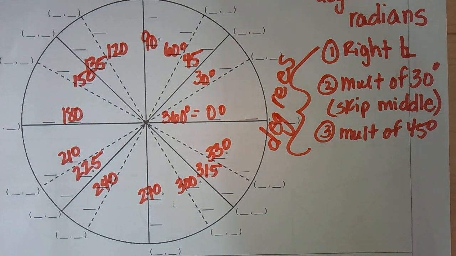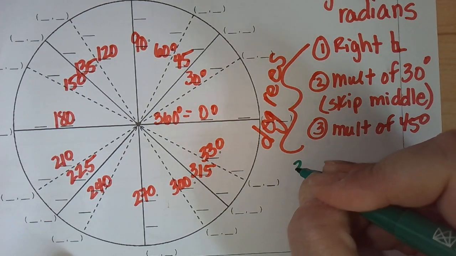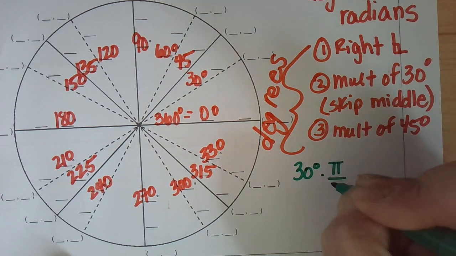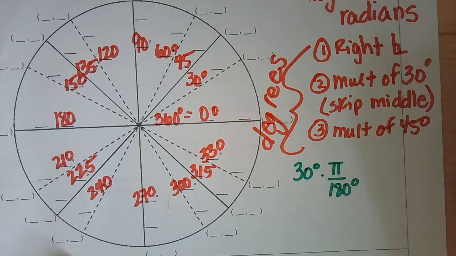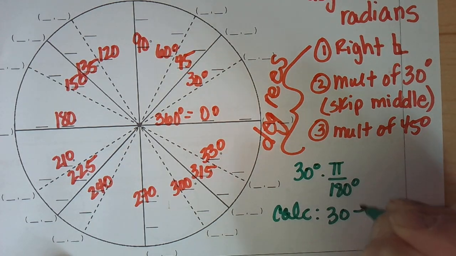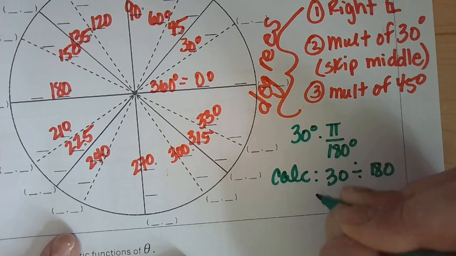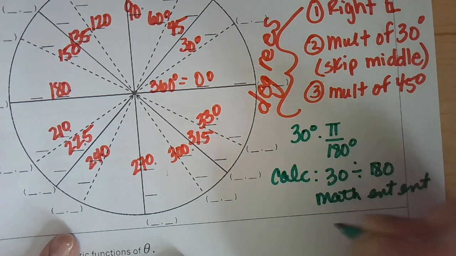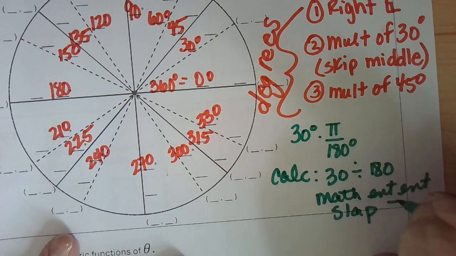For radians, I'm going to remember that I take this 30 degrees and I multiply by pi over 180. Or in the calculator, I say 30 divided by 180. Math, enter. And then I slap a pi on top.